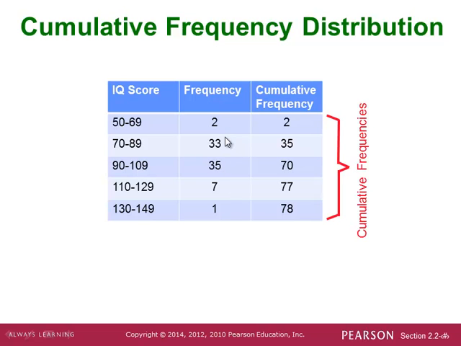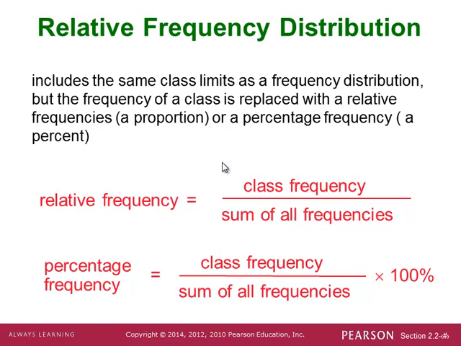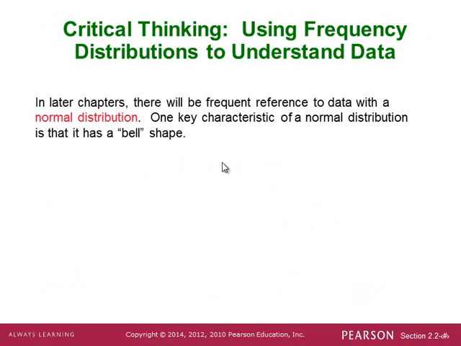Now we would be expecting that if we had some sort of central peak somewhere in this neighborhood between 70 and 110, that's evidence of a normal distribution.